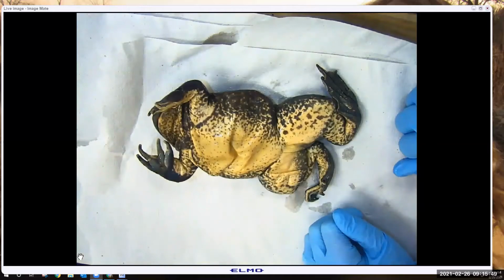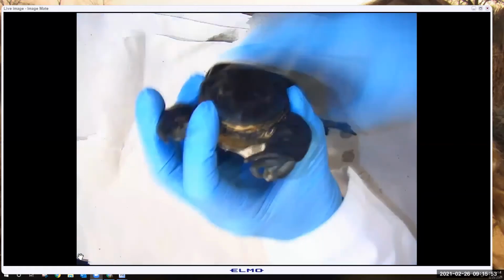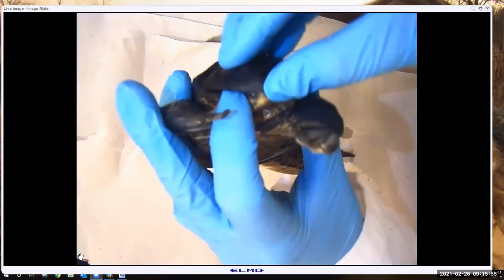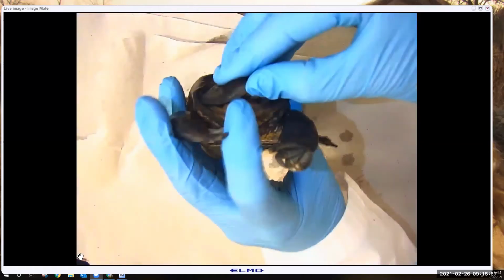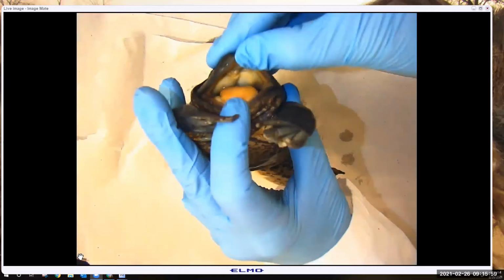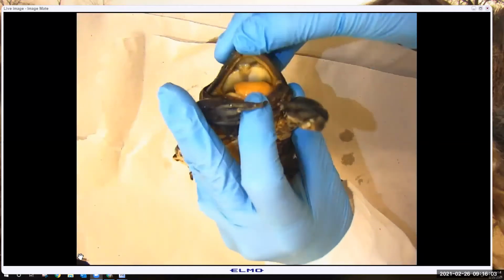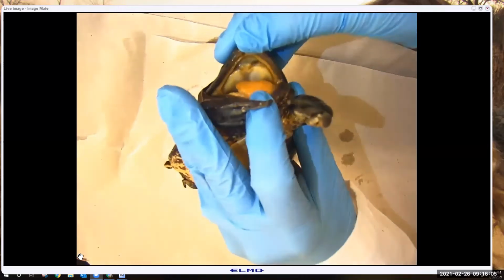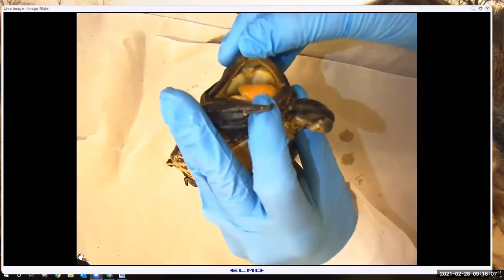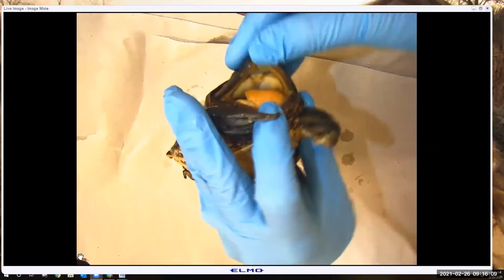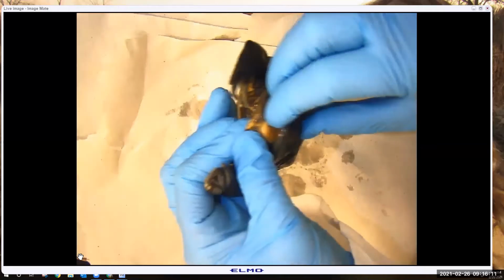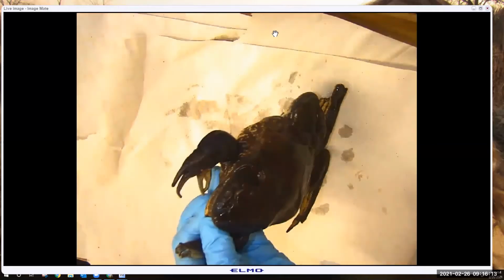Now, it's the teeth. All right, this is really hard for me to see. But you see his tongue right there? And I'm looking at the top. I don't see any teeth in this species of frog here. And his tongue is kind of attached to the bottom.